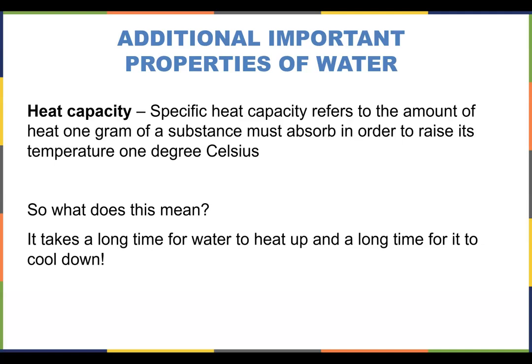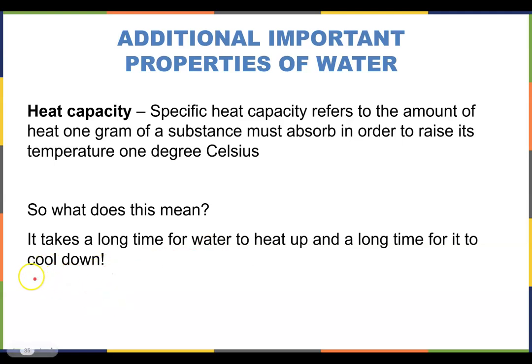So think about the summertime, when you're at the beach, and it's like May or June, and it's been hot for a few weeks. The ocean water is still going to be pretty cold, right? That's because water takes a long time to heat up versus, say, land, like concrete. It also takes a long time for it to cool down.